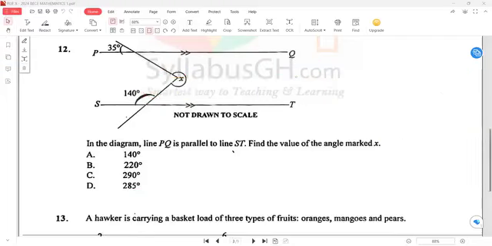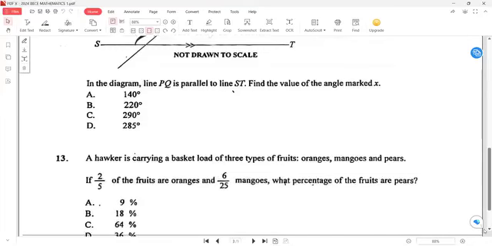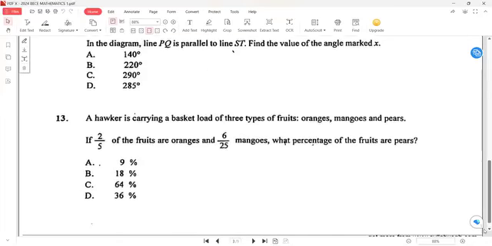We can now look at question number 13. A hawker is carrying a basket load of 3 types of fruits: oranges, mangoes, and pears. If 2/5 of the fruits are oranges, 6 out of 25 mangoes, what percentage of the fruits are pear?